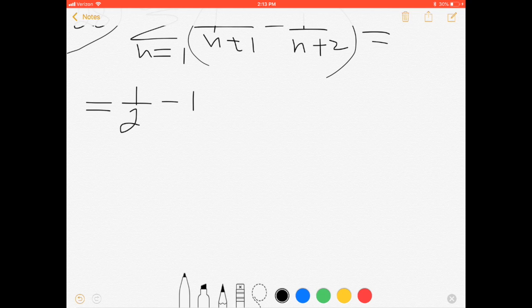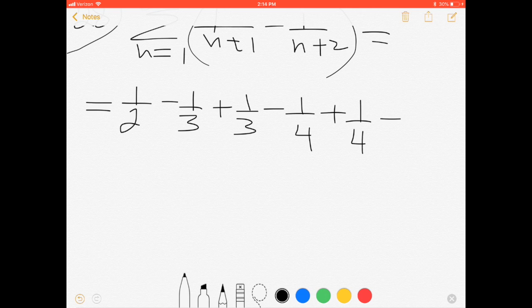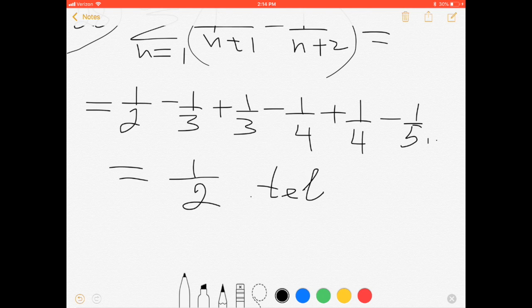You have 1/2 minus 1/3 plus 1/3 minus 1/4 plus 1/4 minus 1/5 and continue. How long you want? The series is exactly equal 1/2. Telescopic series converges.